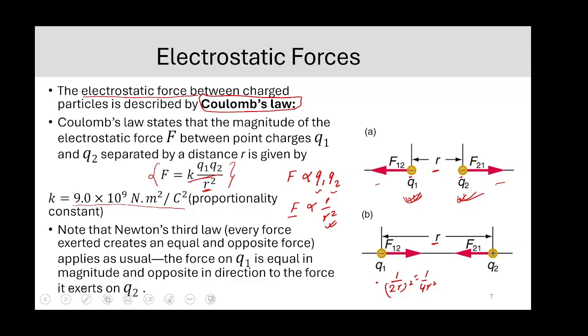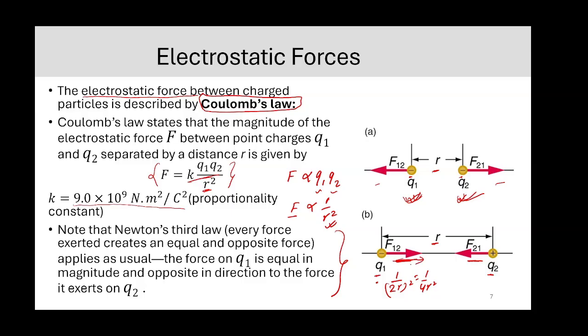And we should also note that Newton's third law also holds true in the case of charges. If there is a force F from charge Q1 toward Q2, then there will be a force from charge Q2 toward Q1, and these forces here in the image, force F12 should equal force F21, but in the opposite direction.